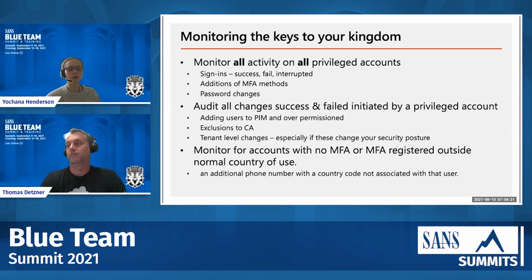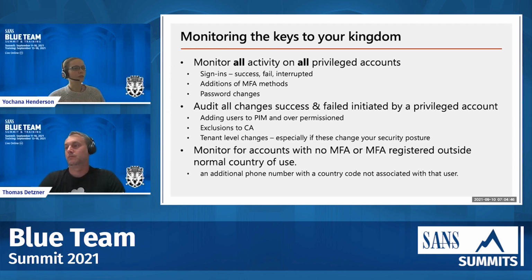Also, exclusions to conditional access policies, where they are trying to get around security controls you've put in place. Thomas will go through how you can monitor that. Also tenant level changes, especially if these change your security posture of your tenant. We'll go into those a bit more about which ones could change that posture quite significantly.